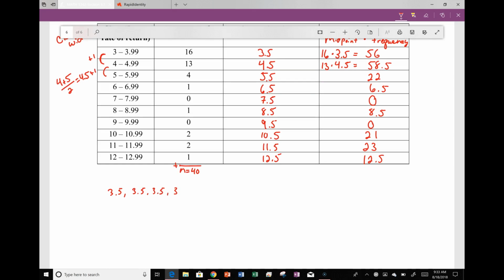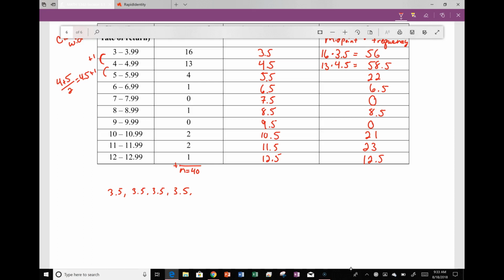Well, I'll be very honest, I don't want to have to write out and then add up all of these 40 data values. So what we do is we take 16 times 3.5, which gives us 56. The 13 times 4.5 is the same thing as adding 4.5 up 13 times, which is 58.5.